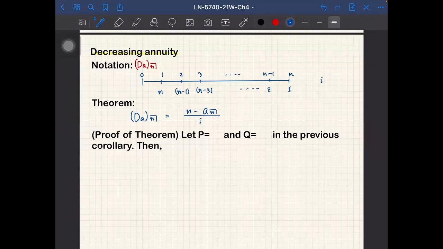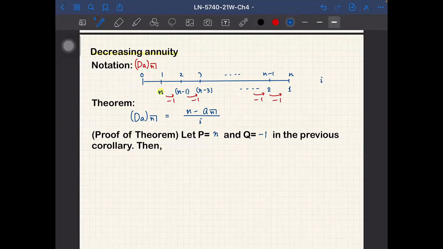So for the theorem, let P equal n, because the first payment is n, and Q equal to -1 because we have a $1 decrease each year.